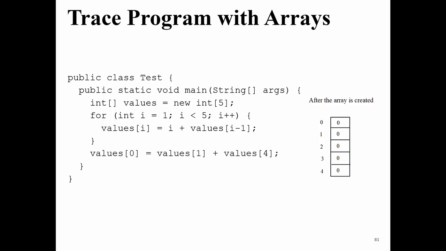If you are able to solve this, then you understand what an array is, and you understand how to use a for loop with an array to access each element. And as you can see, we update the elements of the array.